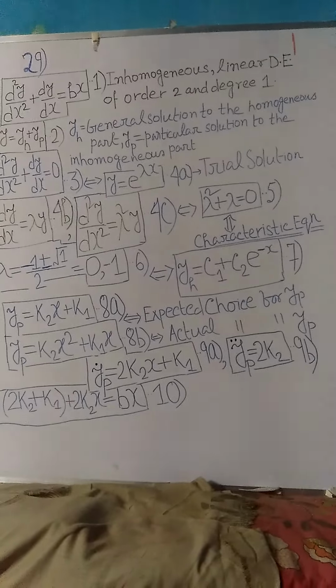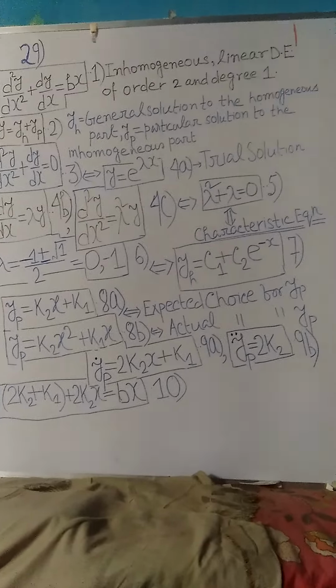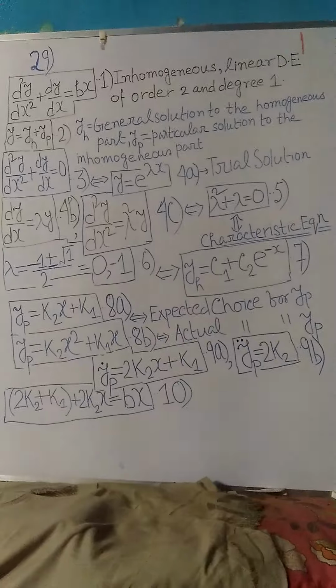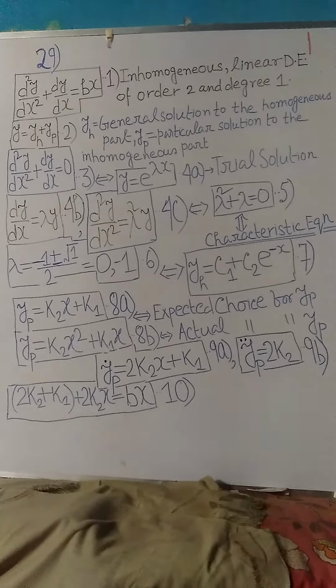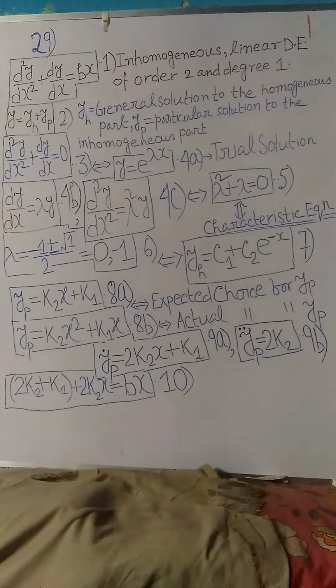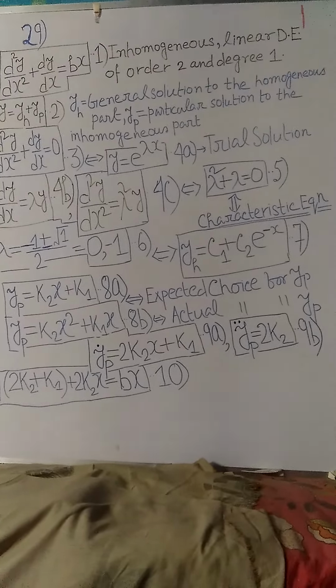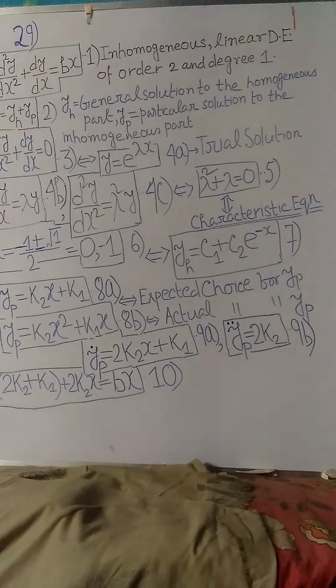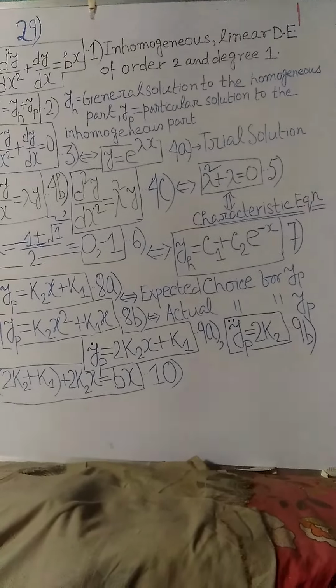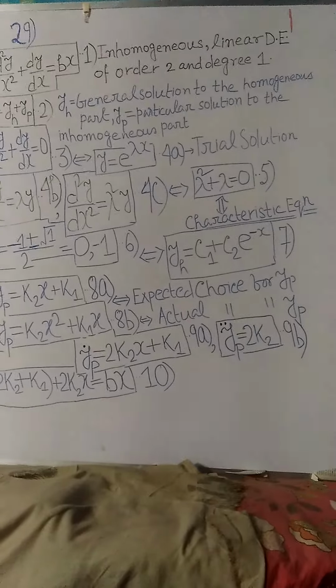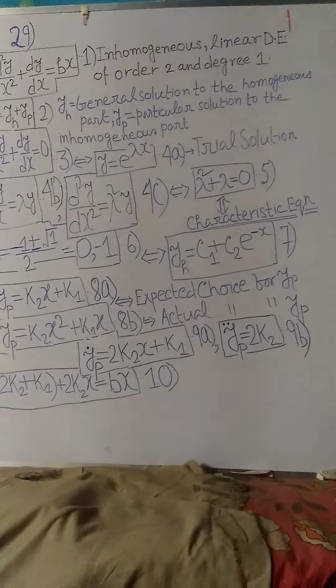Plugging 4b and 4c into equation 3, the characteristic equation is obtained as in equation 5. And the solution to this quadratic given by equation 5 is given in equation 6.